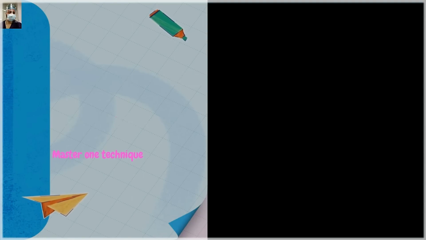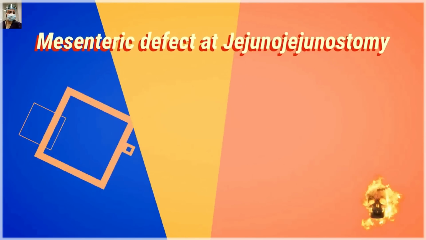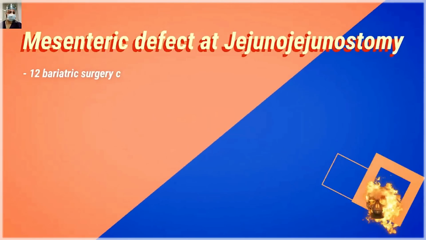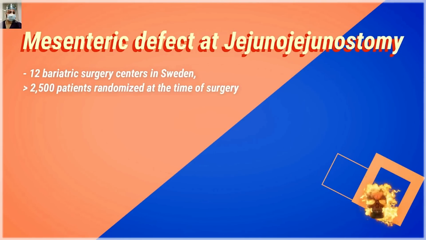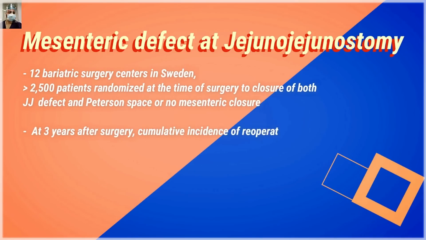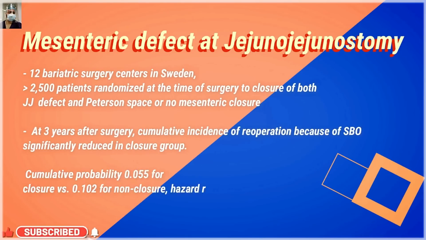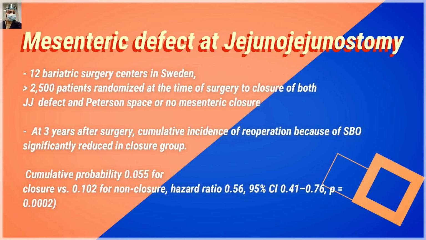So coming to the mesenteric defect at the jejunojejunostomy, this text I have taken from Mastery of Surgery. In 12 bariatric surgery centers in Sweden, more than 2,500 patients were randomized at the time of surgery to closure of both the jejunojejunostomy defect and Petersen space, or no mesenteric closure. At 3 years after surgery, the cumulative incidence of reoperation because of small bowel obstruction was significantly reduced in the closure group.